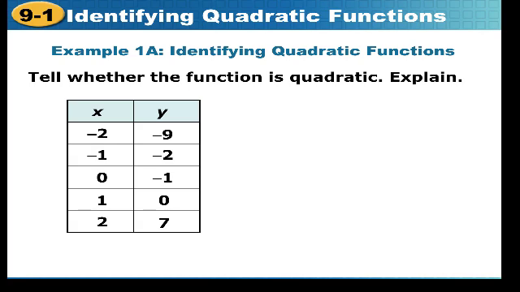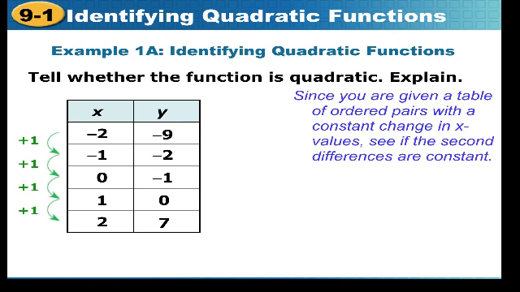Example 1a. Identifying quadratic functions. Tell whether the function is quadratic. Explain. Since you are given a table of ordered pairs with a constant change in x values, see if the second differences are constant.